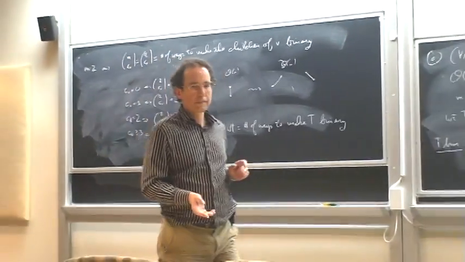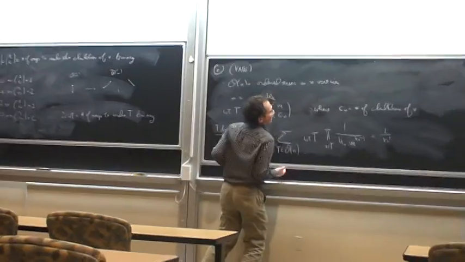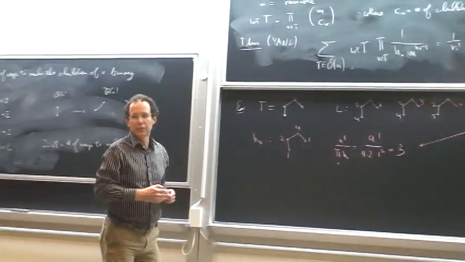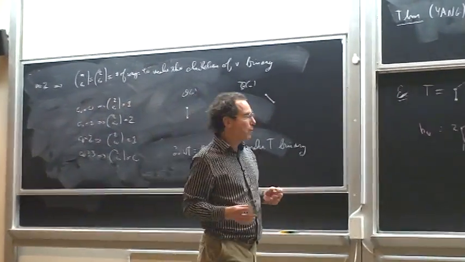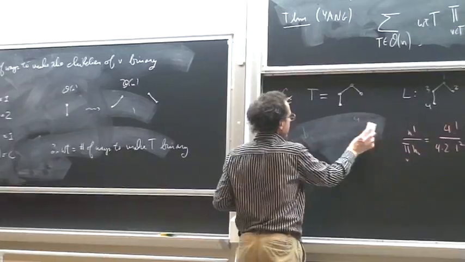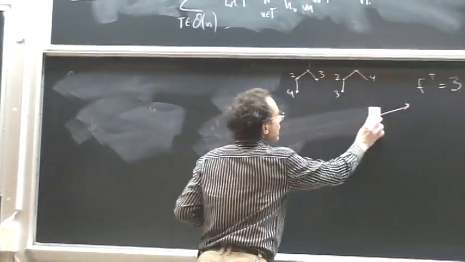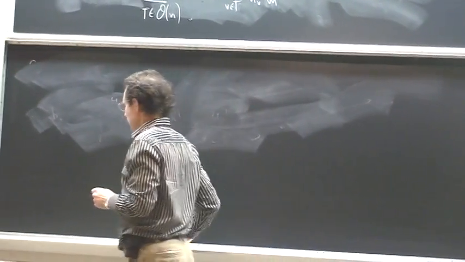So finally, the big one. What's the open question? Well, I've been calling these things hook lengths for no reason that is obvious from the tree case. But what it turns out is that this formula is the original hook length formula. It comes from other contexts.